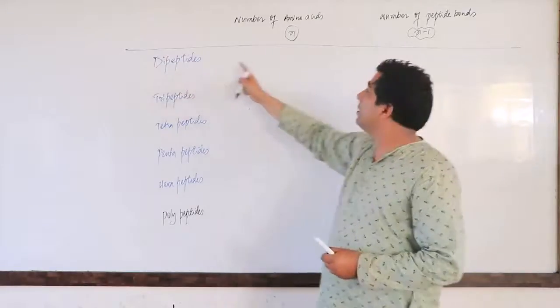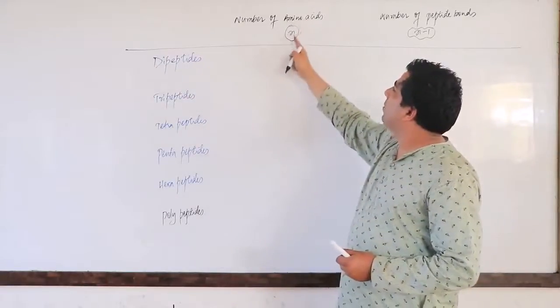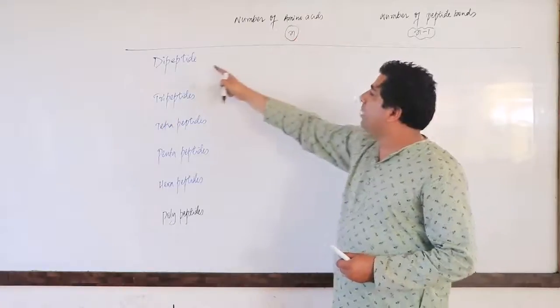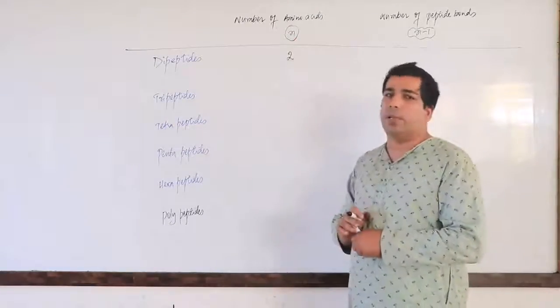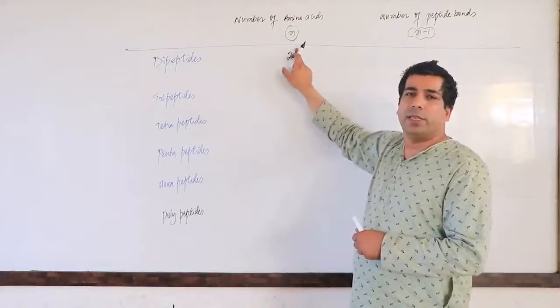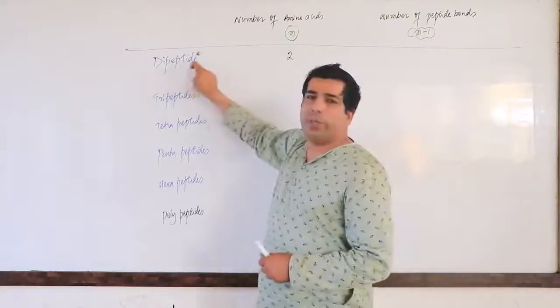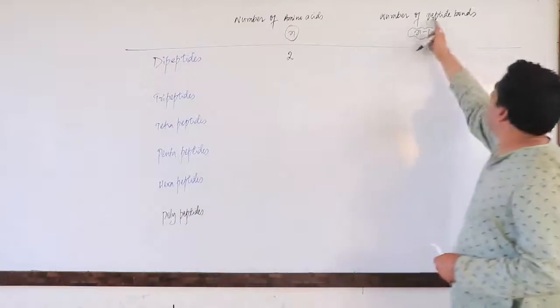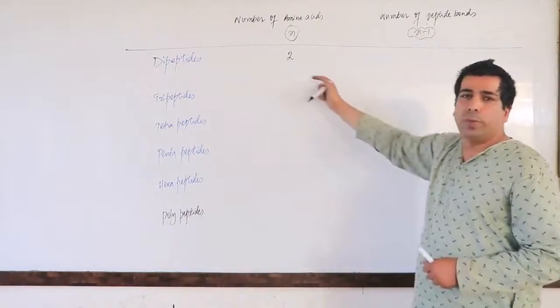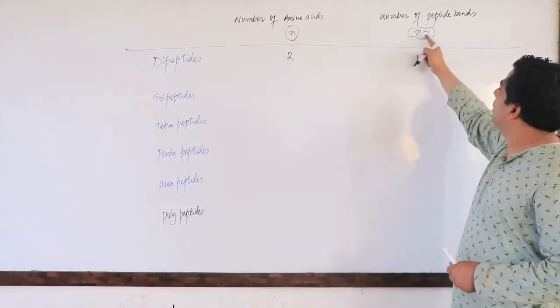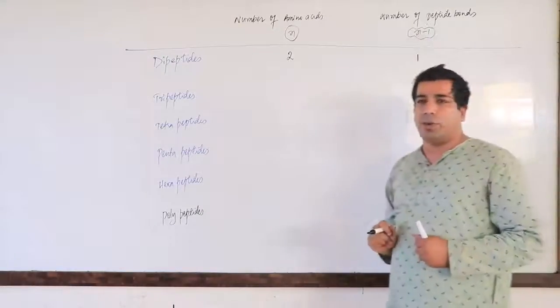Dipeptide basically means the number of amino acids, represented by N, is 2. Between 2 amino acids, how many peptide bonds will be there? N minus 1. How much is N? 2. 2 minus 1 is how much? 1. So N minus 1 will be the number of peptide bonds.